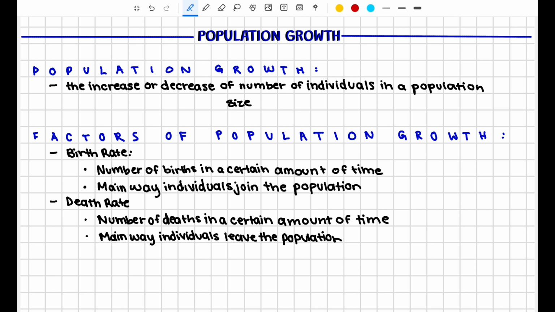That means that if the population growth is declining, the population size is decreasing, it is likely that death rate is the main cause. Although, as we keep going with the factors, there are 2 other factors we're going to talk about, but this is the main way that individuals leave the population in usual circumstances.